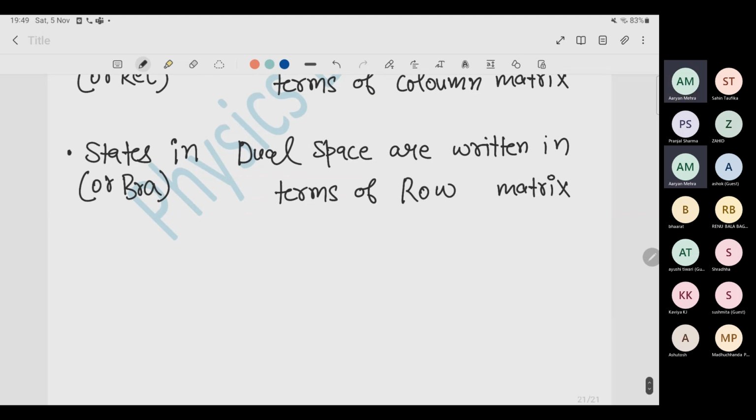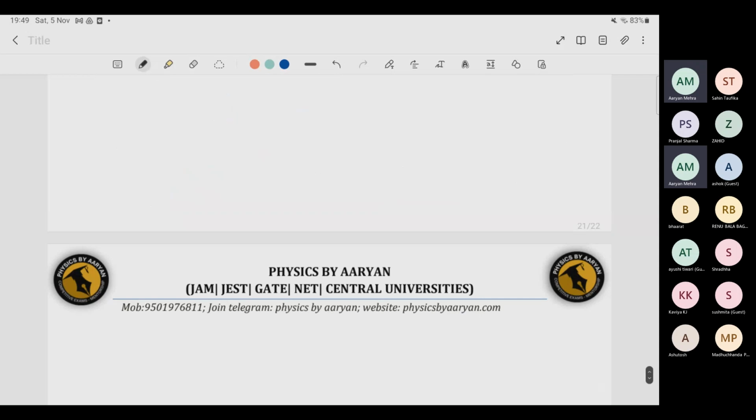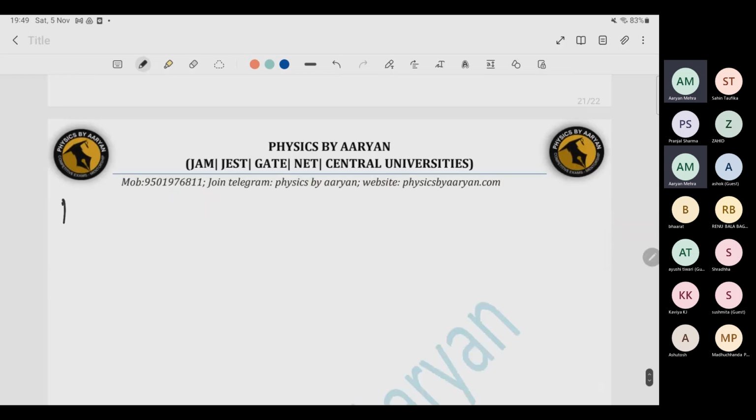So if operators are written in square matrix, then what is the matrix for L square? This is the simplest question which I am asking. What is the matrix of L square then?